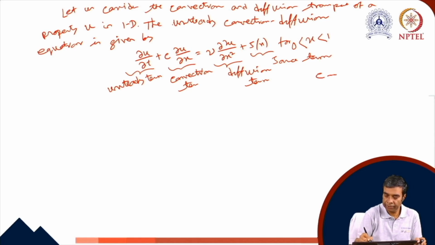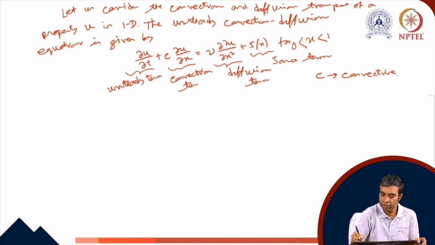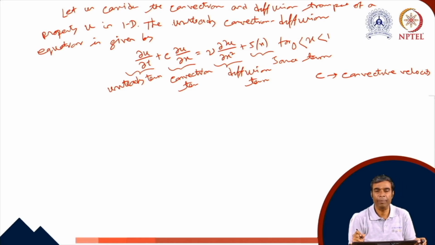Here, C is the convective velocity. We consider the convective velocity to be a known quantity, and because of this, the convection term is acting as a linear term instead of a nonlinear term when C is substituted by the unknown quantity U.